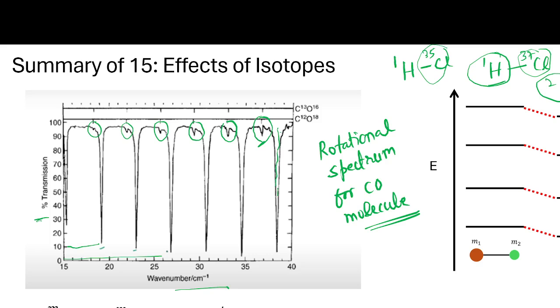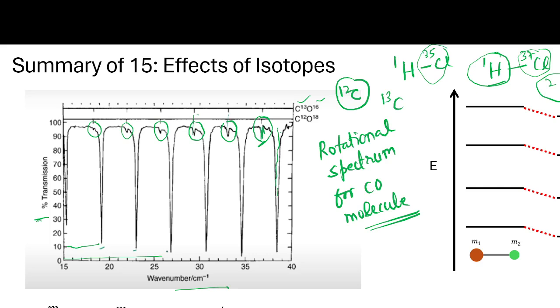So why are we getting small peaks? Because of the natural abundance of carbon. Usually one carbon isotope majorly contributes, but naturally we have C13 also. So because of this configuration, C13 oxygen 16, we are getting this peak.